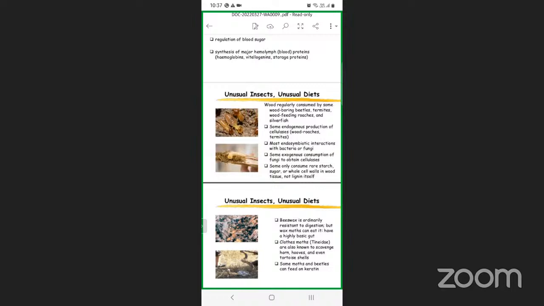For example, dragonflies capture their prey in mid-air also. Some aquatic species also.